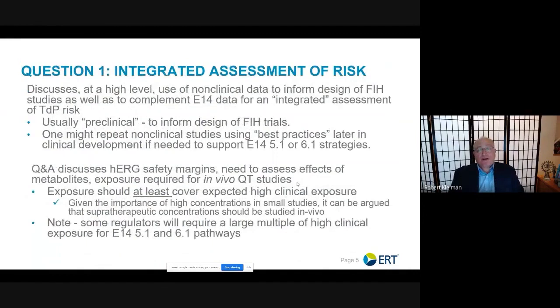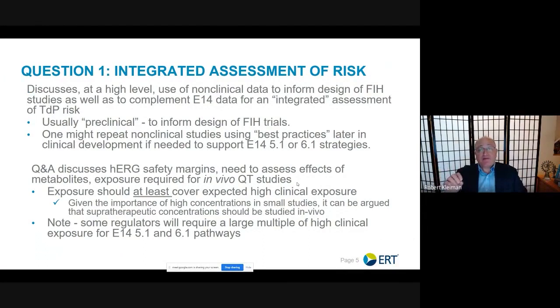So question 1 deals with the integrated assessment of risk. And at a high level, it discusses using the non-clinical data to inform the design of first-in-human studies, as well as, and this is the new part, to complement the E14 data for an integrated assessment of torsade risk.